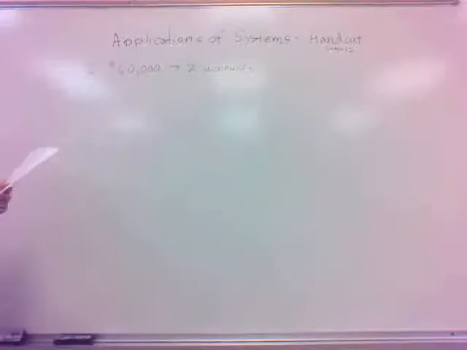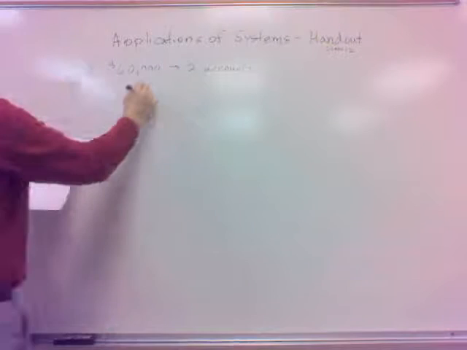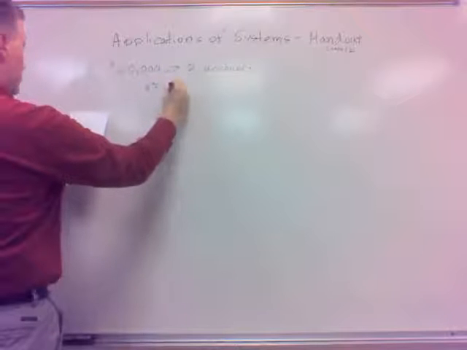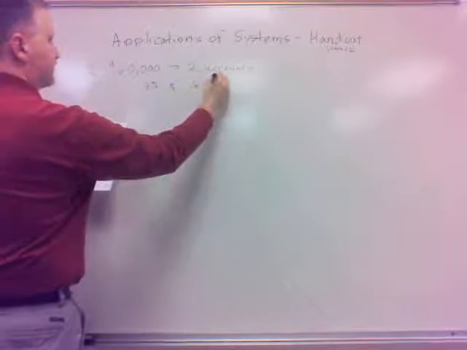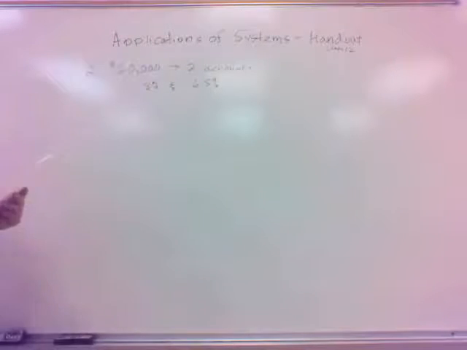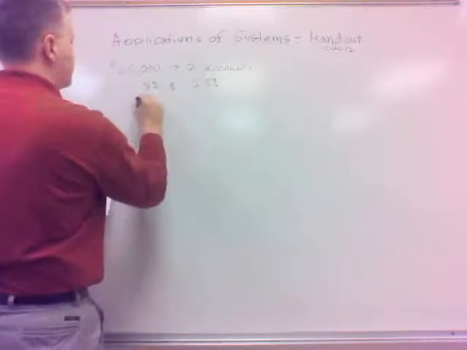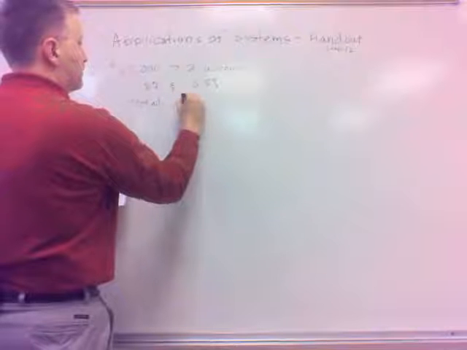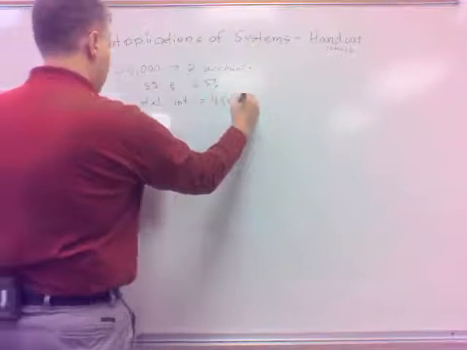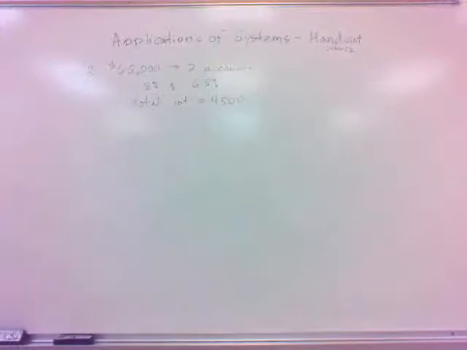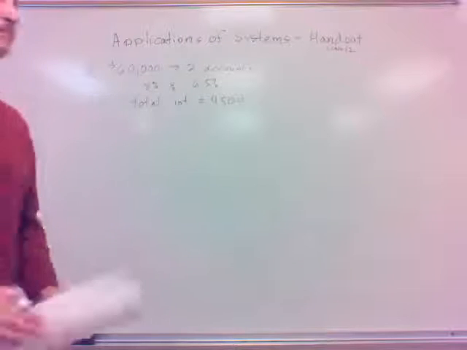One account pays 8% interest, and the other 6.5%. Simple interest here. If the total interest is $4,500 from these investments, how much should be invested at each rate?